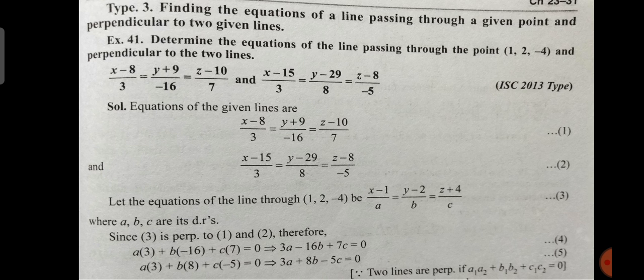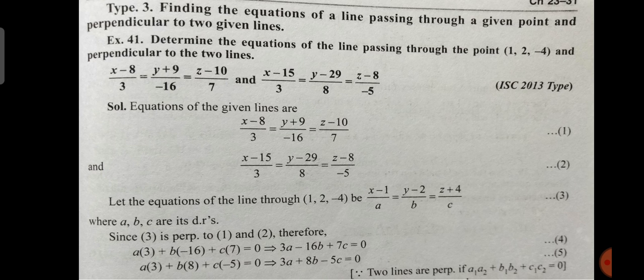The above line is perpendicular to the given two lines. We have studied the condition for perpendicularity. So for that, a into 3 plus b into minus 16 plus c into 7 is equal to 0. That is the first equation.